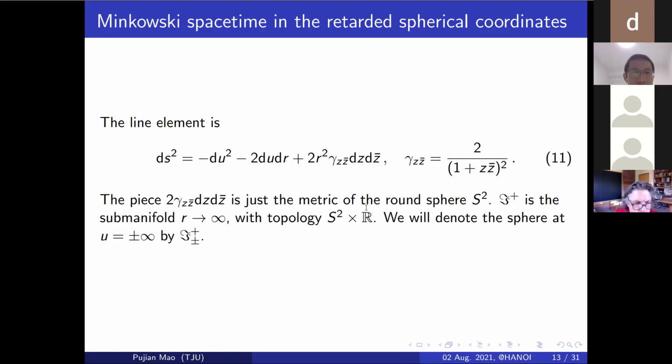We will work in Minkowski spacetime in the retarded spherical coordinates, and z and z bar are the stereographic coordinates. Here we only focus on future null infinity, and all the rest can be repeated on past null infinity, and then you will connect the two computations by antipodal identification.